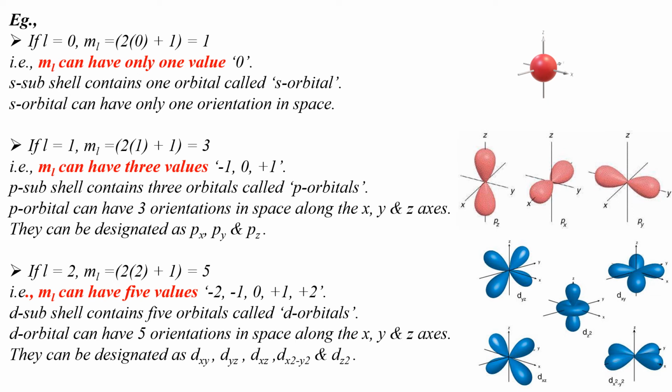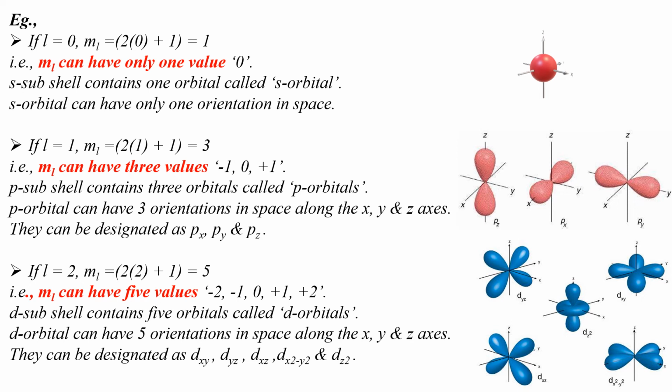If l is equal to 2, the number of ml values will be 5. This means ml can have 5 values ranging from minus 2, minus 1, 0 to plus 1, plus 2. l equal to 2 stands for d subshell. That's why the d subshell contains 5 orbitals, since you got 5 values for ml.